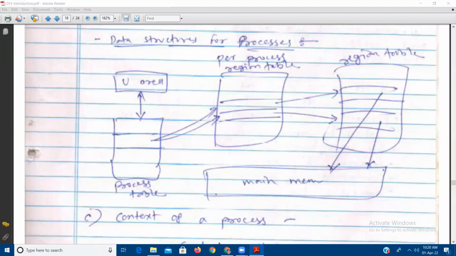Yes, ma'am. Okay. So is it over? Is the diagram over?